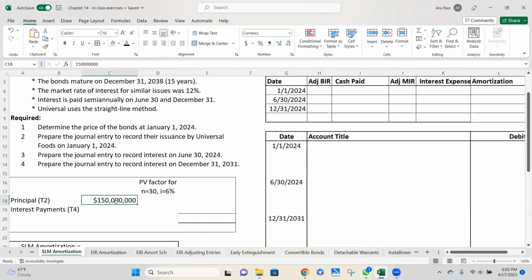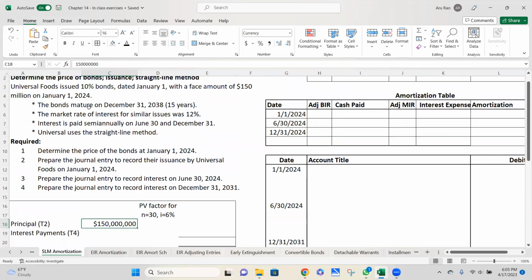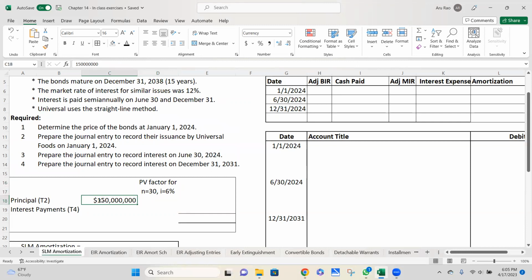However, on this $150 million, I will pay interest at 10%. But again, since it's 2 times a year, divide that by 2. 10 divided by 2 is 5%. $150 million multiplied by 5% gives me $7.5 million a year. That's the interest payment. So both of these are cash outflows that are going to take place.